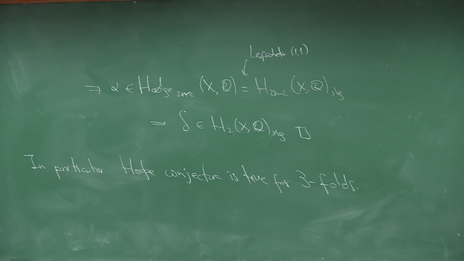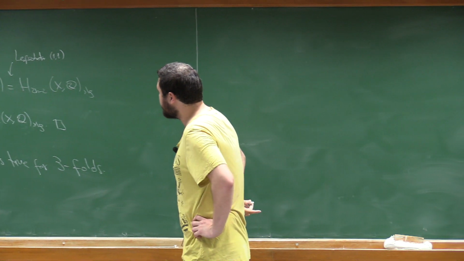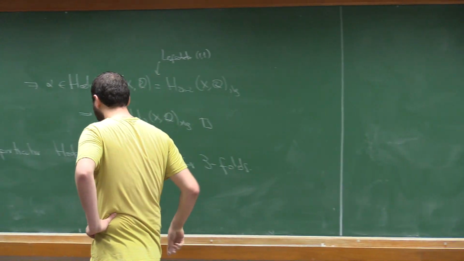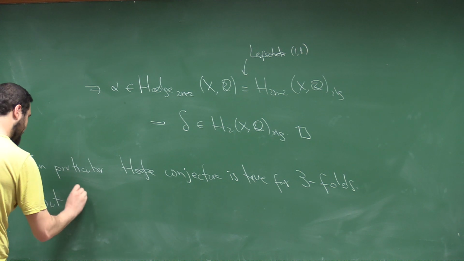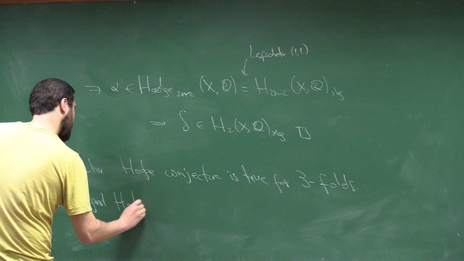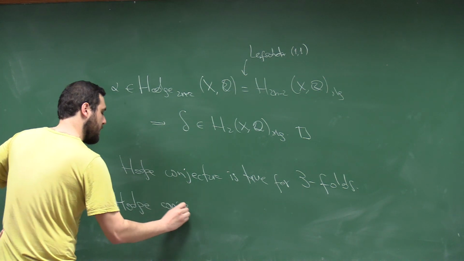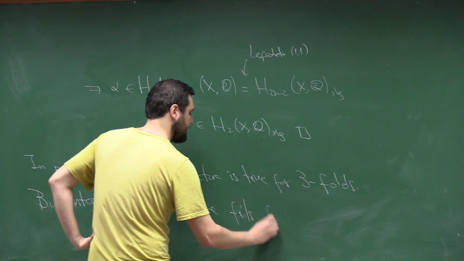Okay, so what else can we say about the Hodge conjecture? In fact, not too much. Okay, the integral Hodge conjecture fails for threefolds.